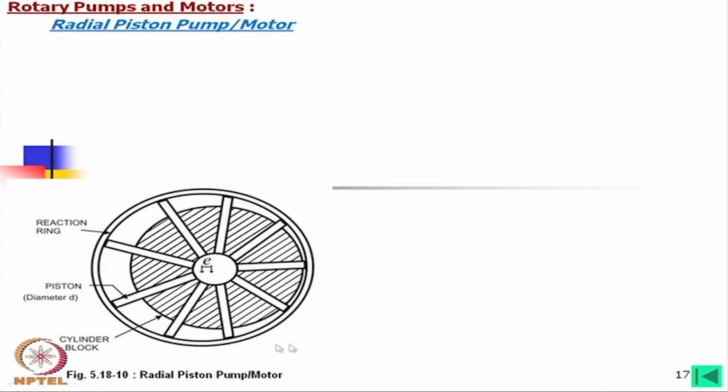Now, this looks like a pen palm, the figure is very poor, but this is basically a radial piston pump. These are not vanes, rather we should consider these as cylindrical bodies.